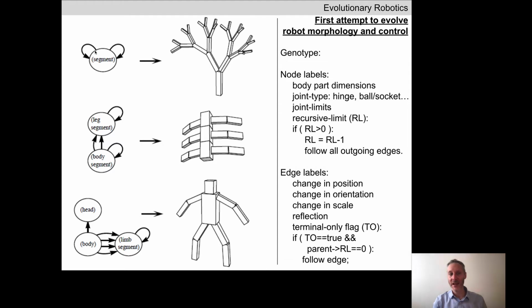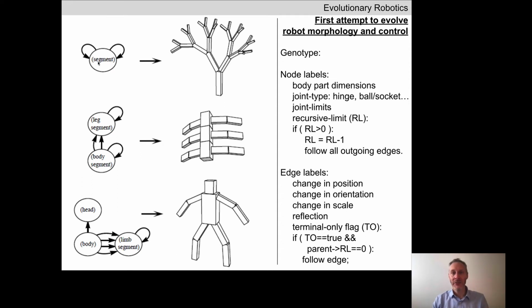We just followed this edge, so we also need to follow this edge, which has different numbers associated with it, different deltas, which means when we arrive back here and try and build another one of these, we build it at a different XYZ with a different orientation and possibly a different scale. Make sense? Okay.